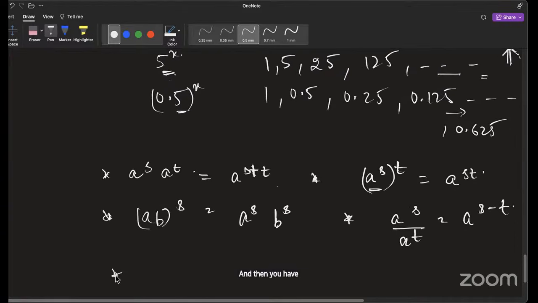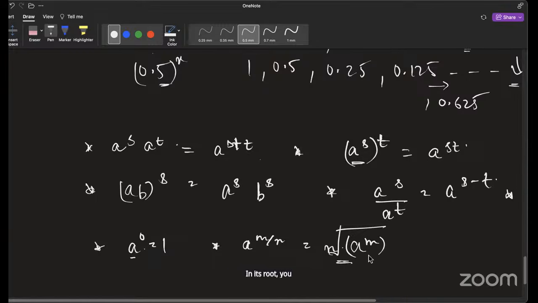And then you have a to the power 0 as 1 for all a, except you can't take a to be 0 here. And then a to the power m by n means the nth root of a to the power m.